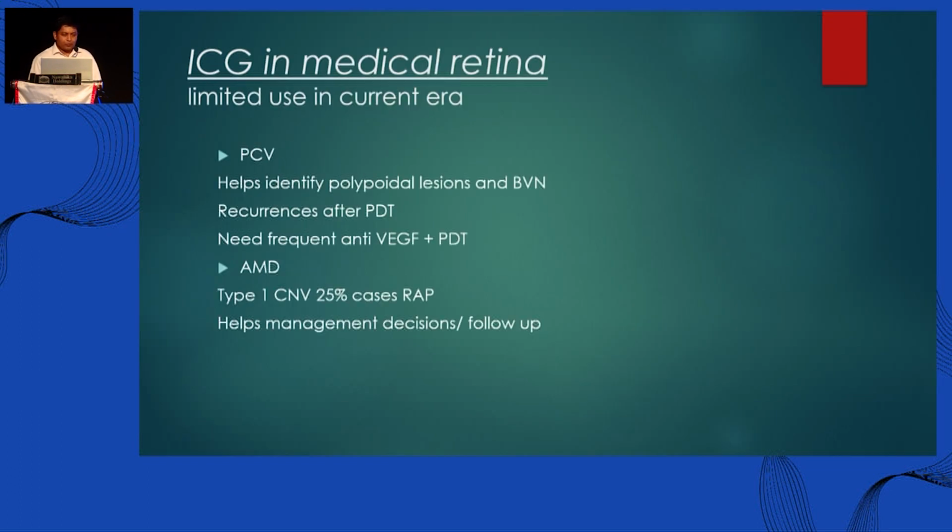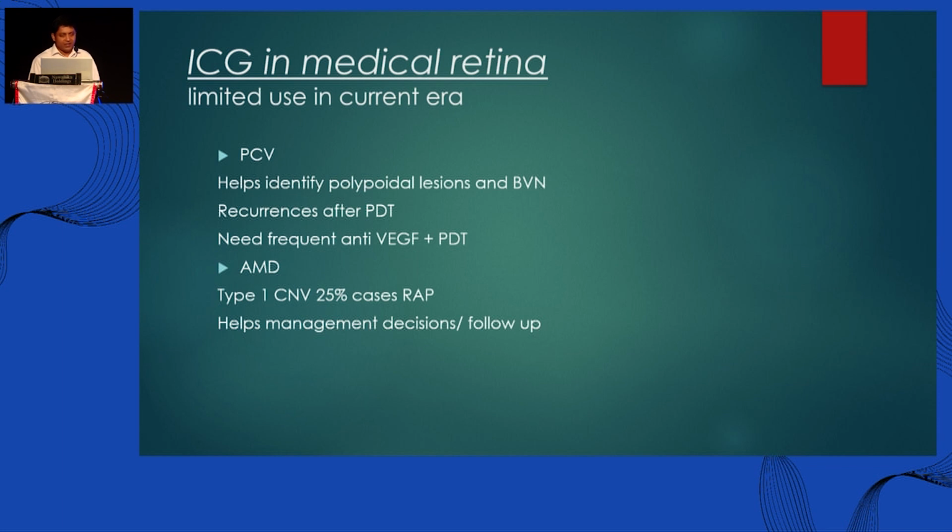Now, in the current era it is of course limited, but in those days we used to do a lot of ICGs and fluoresceins, because it was a requirement to classify what type of CNV this is, whether it is type 1, type 2 or type 3, because your treatment depends on that.